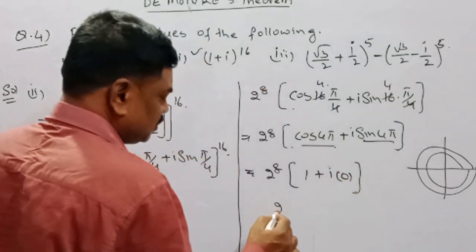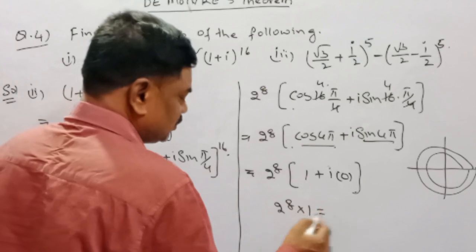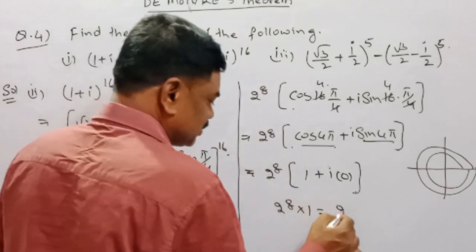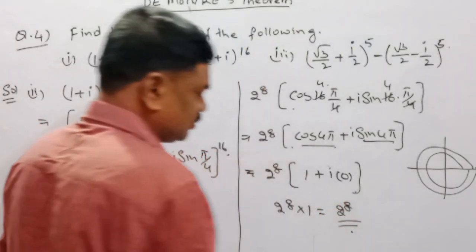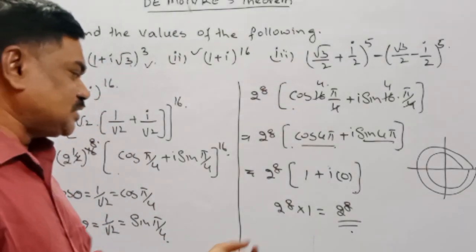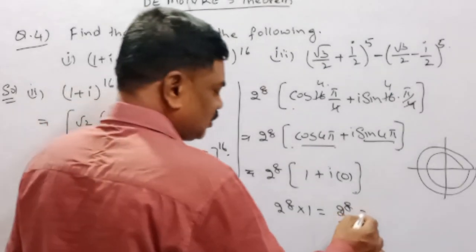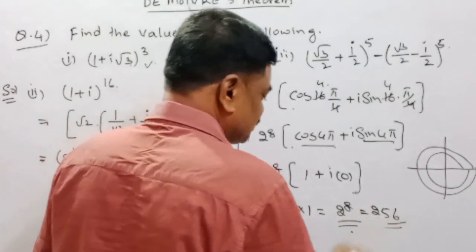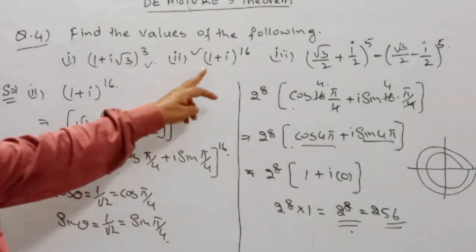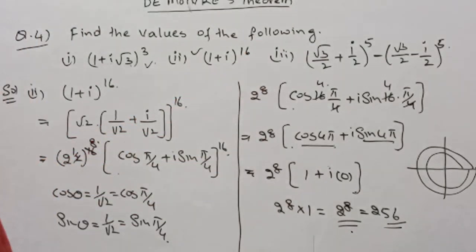So this is 2 power 8 into 1. 2 power 4 is 16, so 16 into 16 is 256. This is equal to 256, the value of (1 plus i) whole power 16. That's all. Thank you.